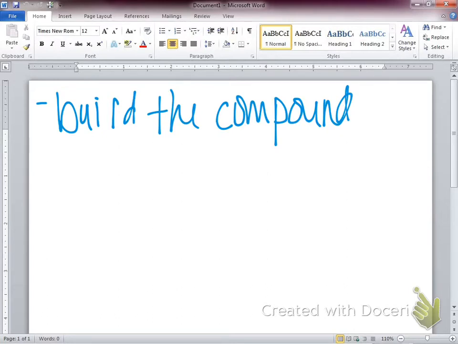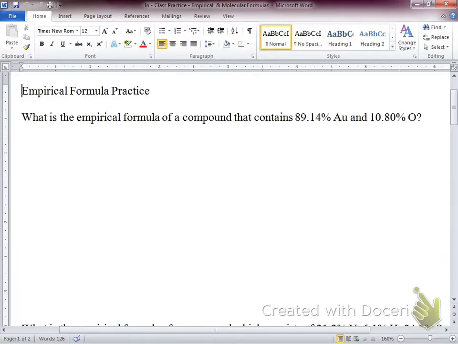Okay, so this practice we're going to do together in class, 89.14% gold and 10.8% oxygen. So first and foremost, we're going to put those percents into grams.